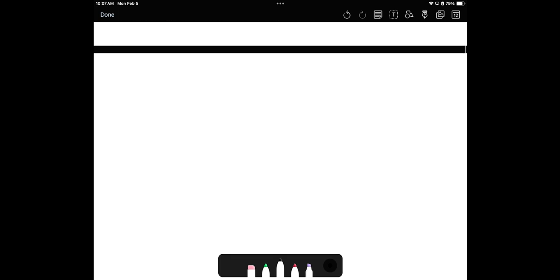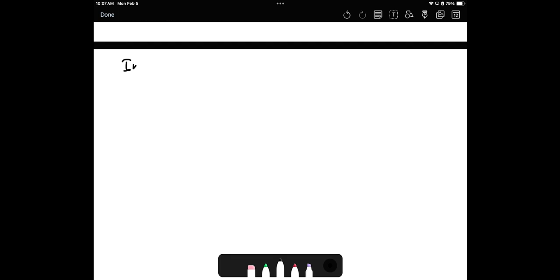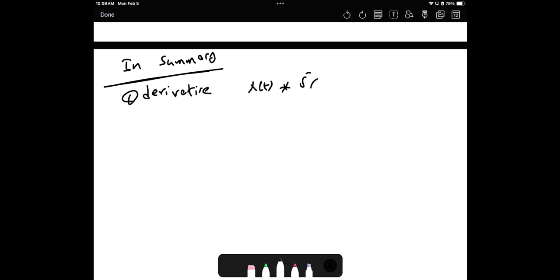So in summary, the derivative, which is x of t convolved with delta prime of t, equals dx of t by dt, and it looks like this.